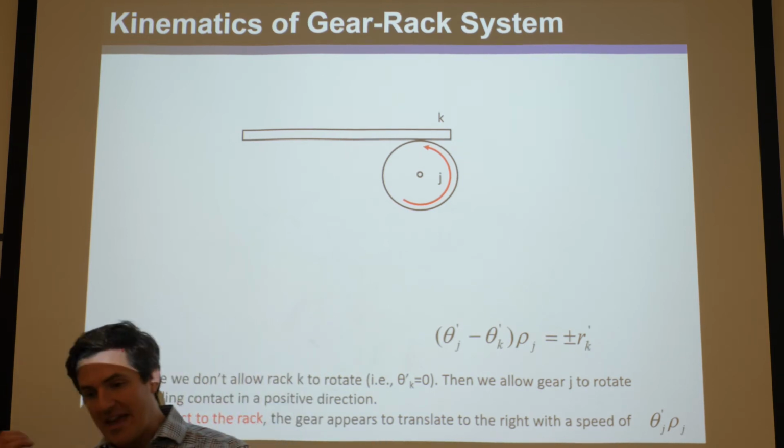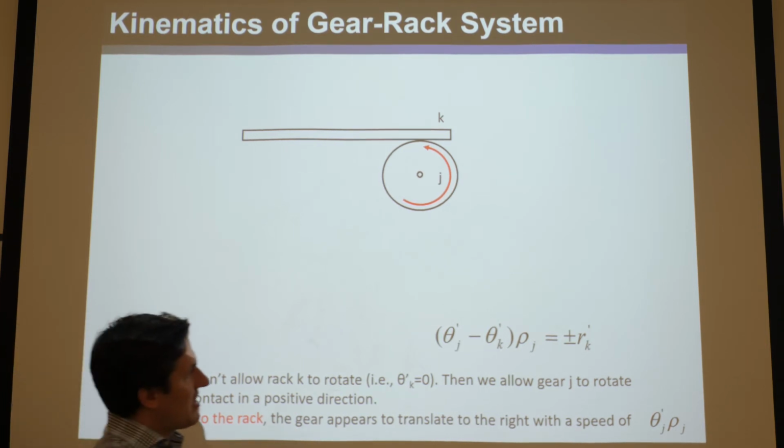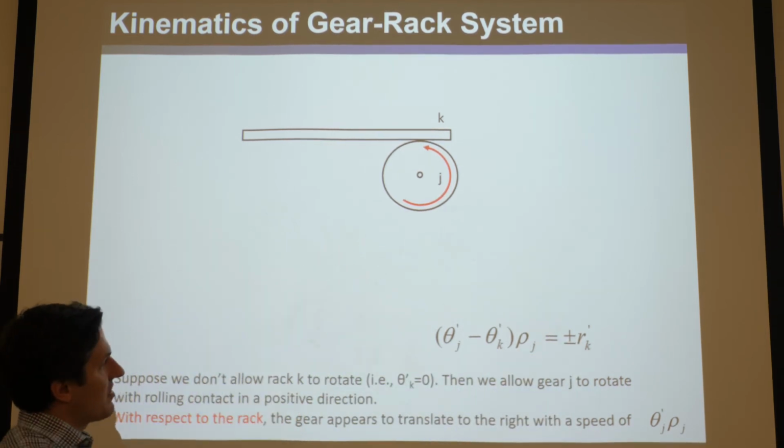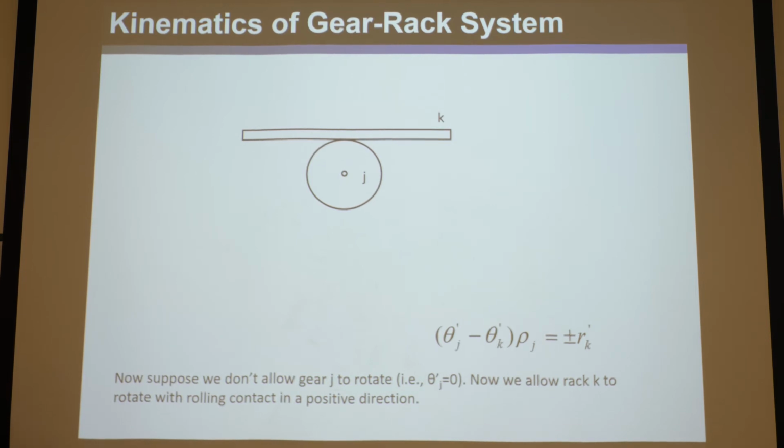Remember, if you've got a cylinder rolling on a flat, the angular velocity of that cylinder times its radius is, of course, the speed that it's going. Okay? And that's essentially what's going on here. If you allow this to be positive, you see it's going positive direction there, which is why this is a plus sign.